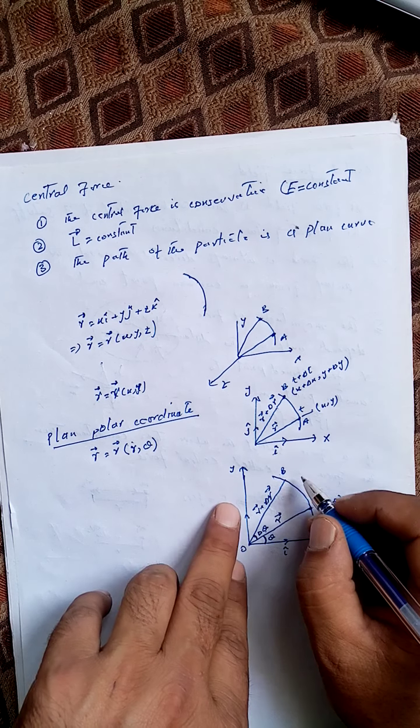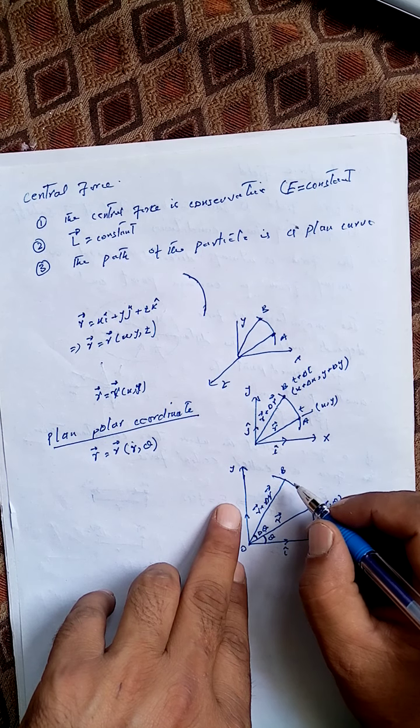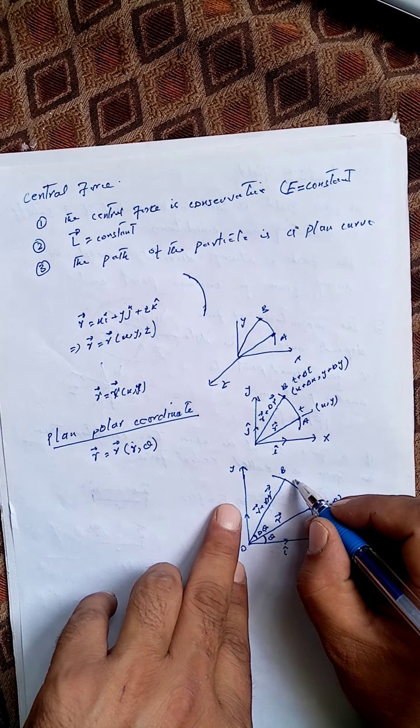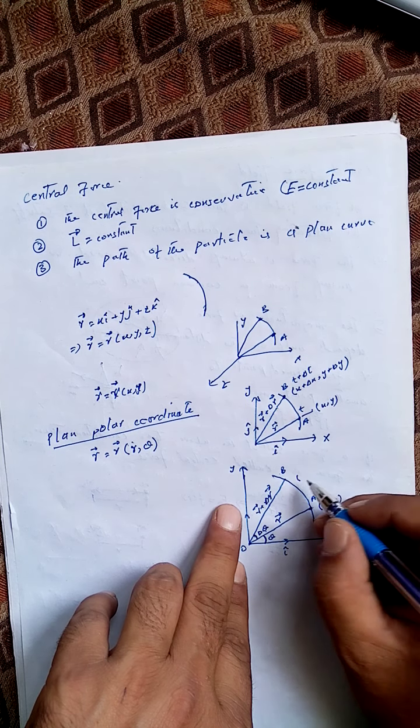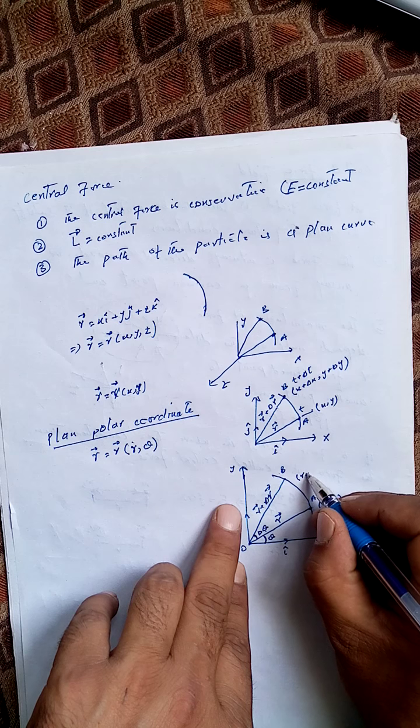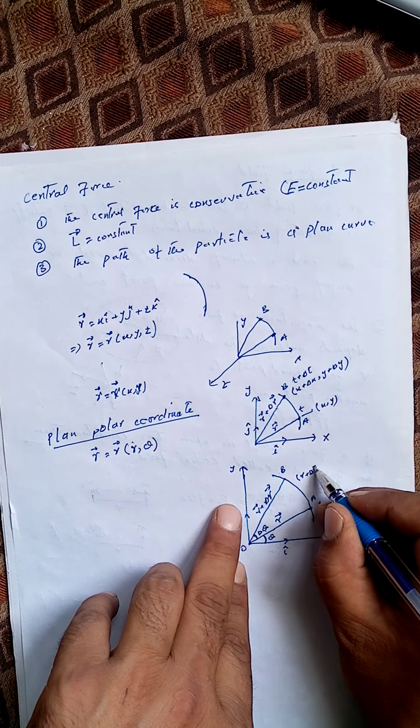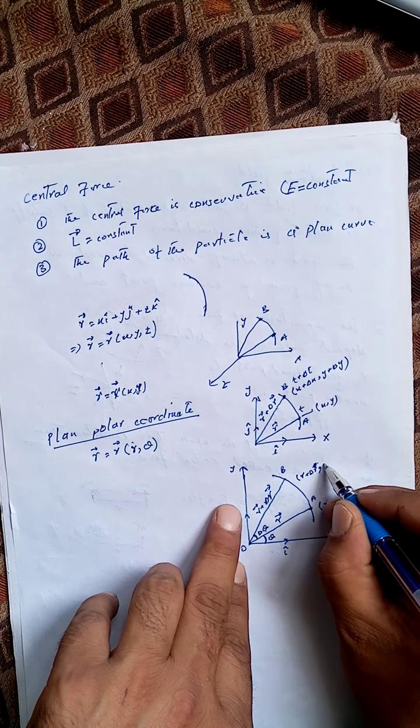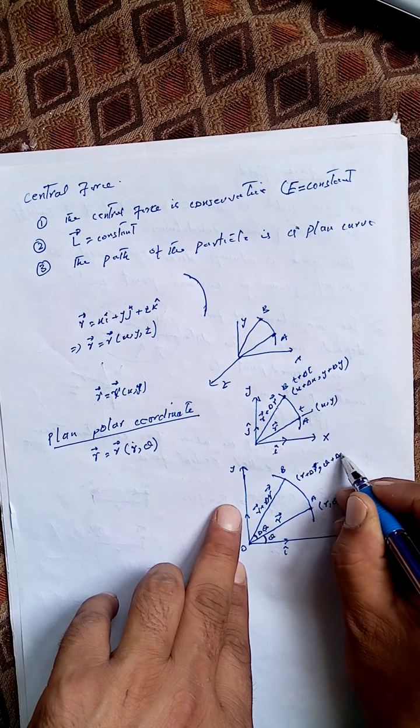So at this point the particle is represented by two coordinates, r plus delta r and theta plus delta theta.